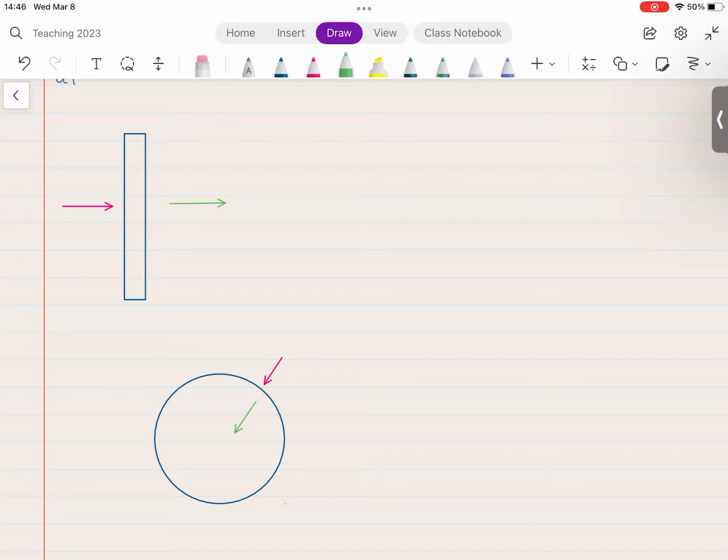In fact, a detailed calculation shows that there is a considerable difference between, in this case, the planar shock, and in this case, the spherical shock.